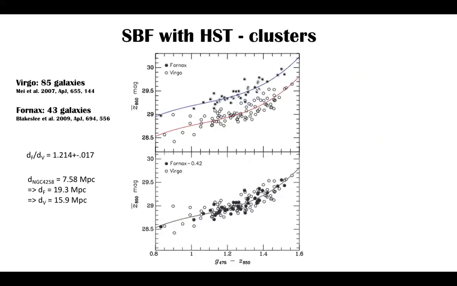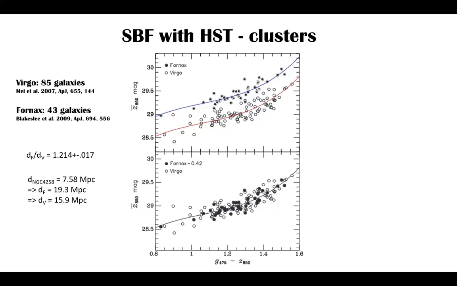Now, here's another aspect of the issue. This is going back to Hubble Space Telescope. One of the very nice things that was done in the past was observations of surface brightness fluctuations in the Virgo cluster and the Fornax cluster, which you're seeing here. And the Fornax cluster is slightly farther away.